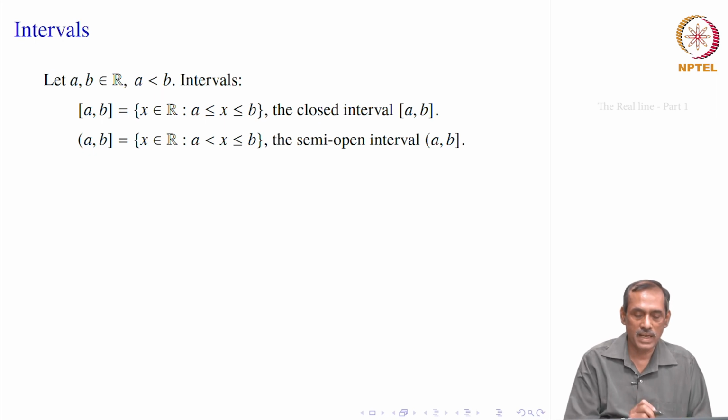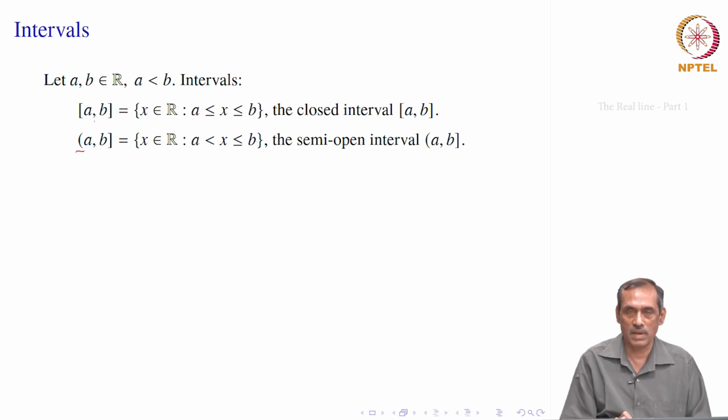Then we have similarly left open. So, look at this parenthesis now, not the bracket, it is a parenthesis. So, open a closed b, we can read that way. It is a semi open interval a b which consists of all numbers in that closed interval except a. So, a is omitted, that is why this open bracket.